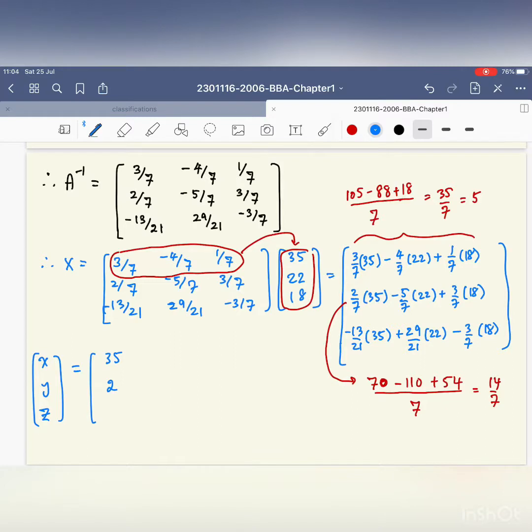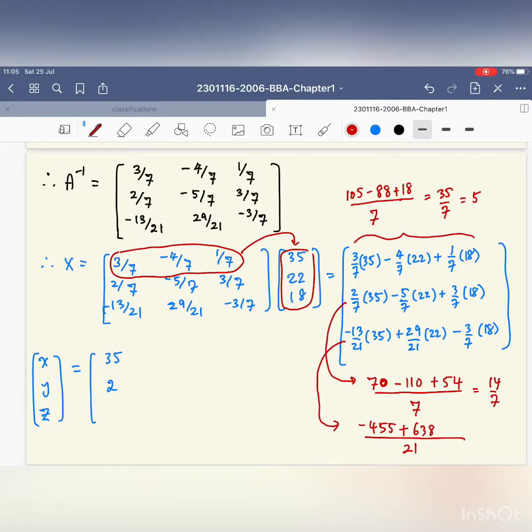So at first it looked pretty ugly, but then after you do a simplification, it is a nice number.